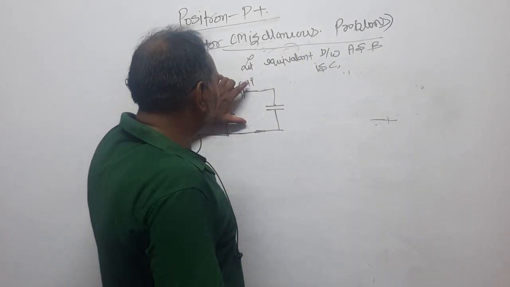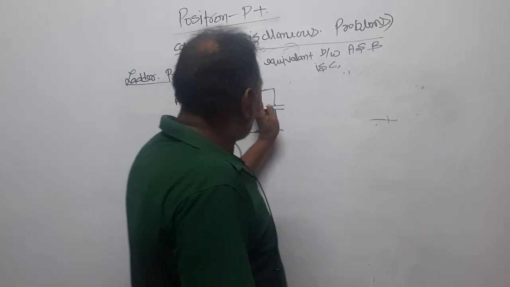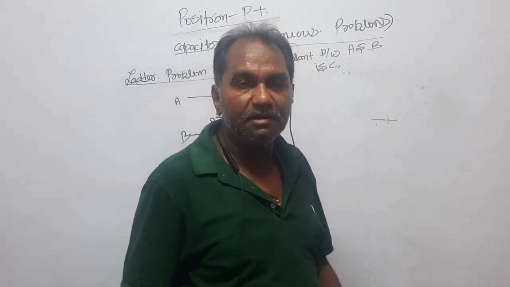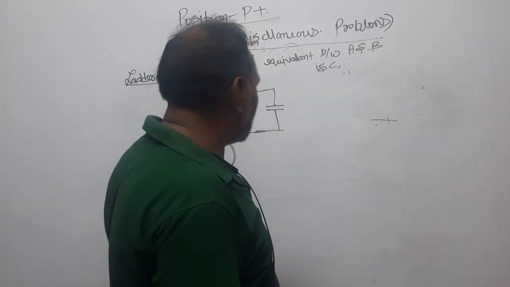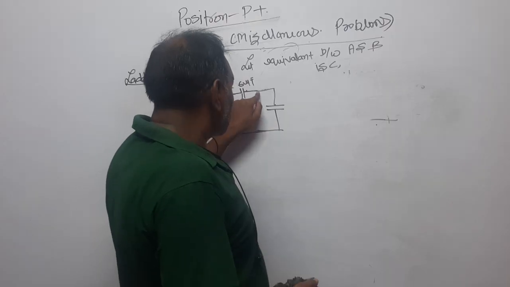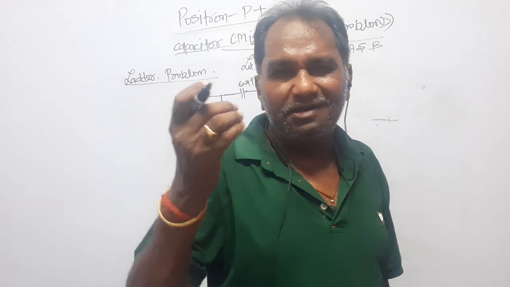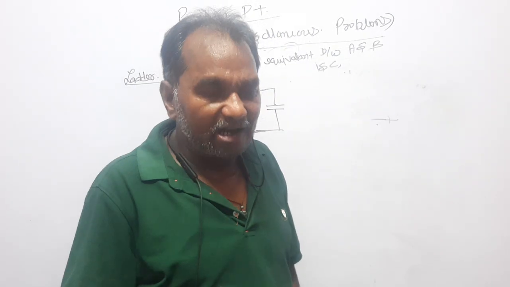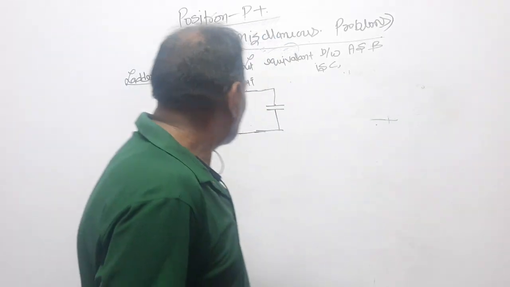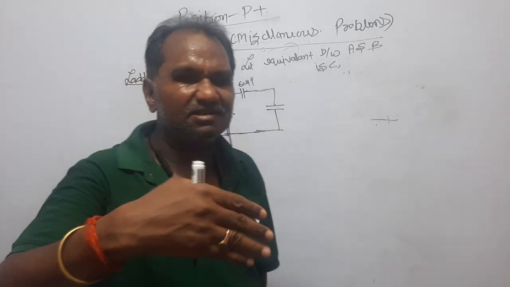So leaving one set of 8 and 6 microfarad, all the rest of the combination again between A and B is an infinite combination of steps of 8 and 6. If from the infinite set you decrease one set, then there's no impact on the answer.